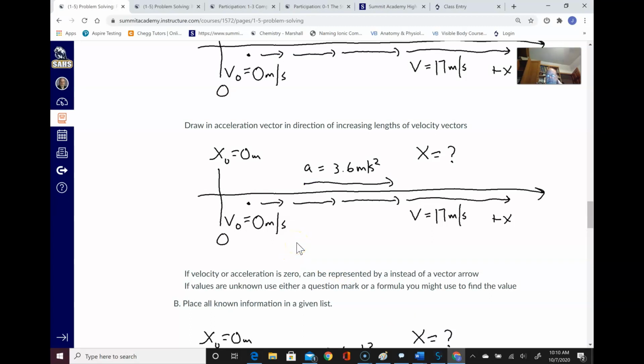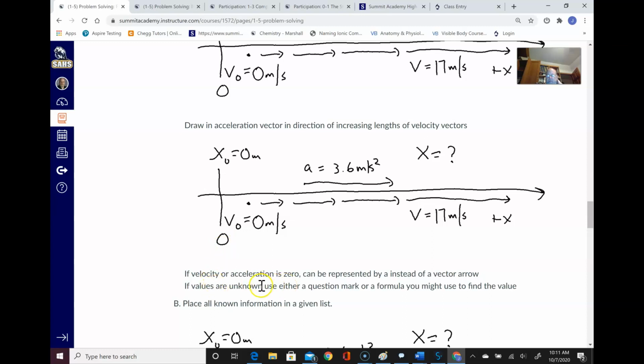Okay, so if the velocity or the acceleration is 0, we can use a dot here like this instead of a vector arrow. So if I don't have an acceleration, but I need to record that on my position time or my motion diagram, then I can use a dot to indicate that.